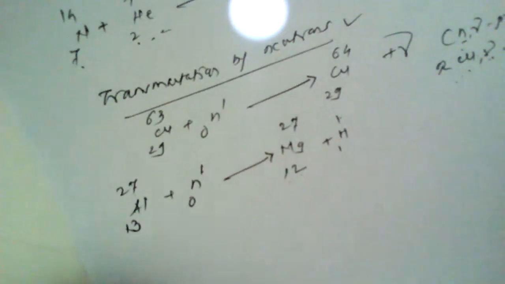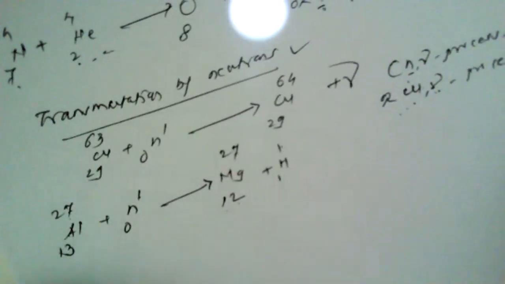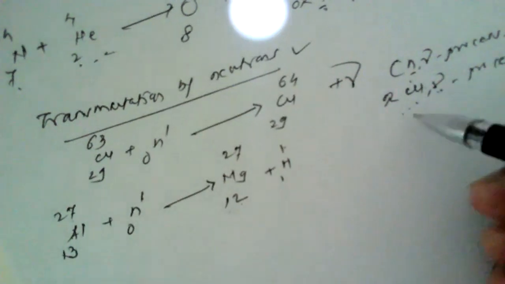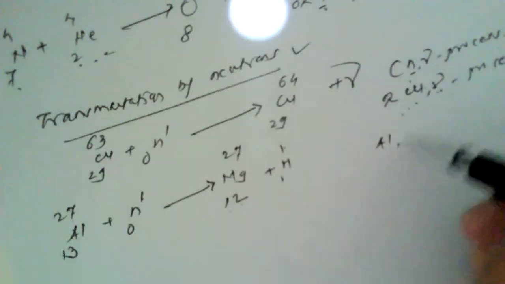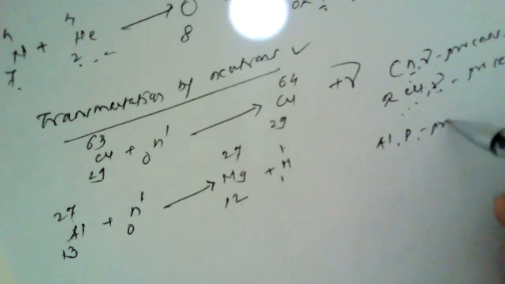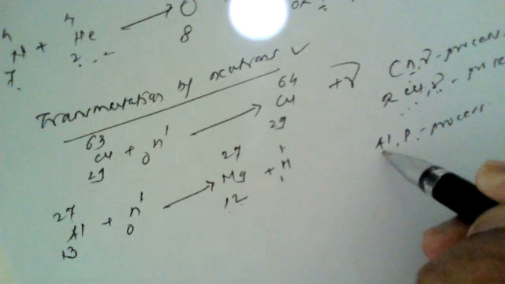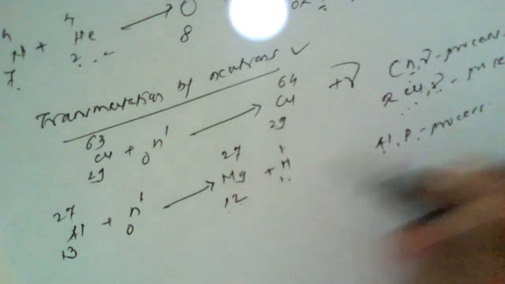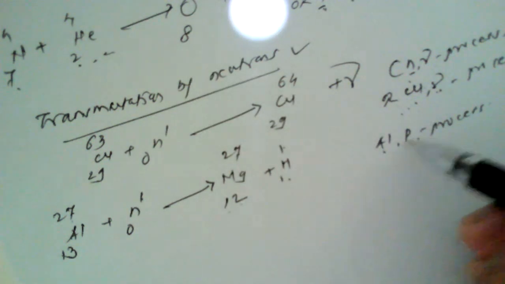This process, according to Bethe's notation, we can write as the aluminium-P process. Why is it the aluminium-P process? Because aluminium is the target nucleus and the ejectiles are protons, 1H1.